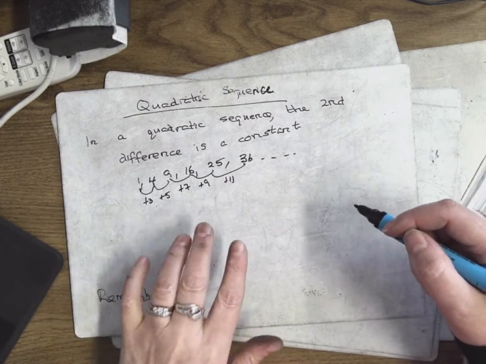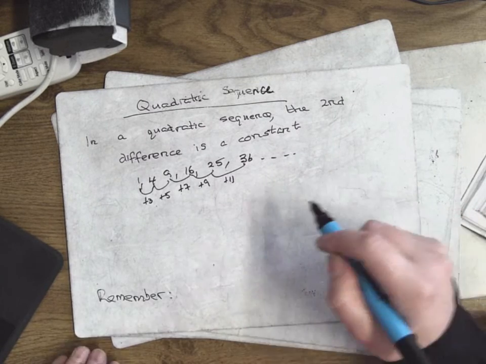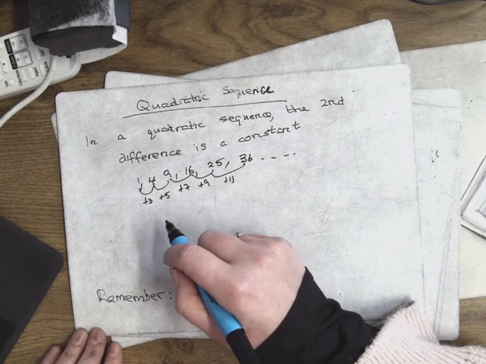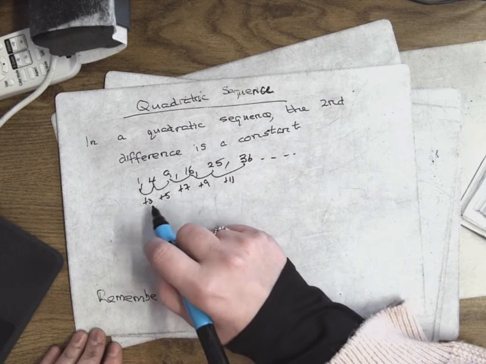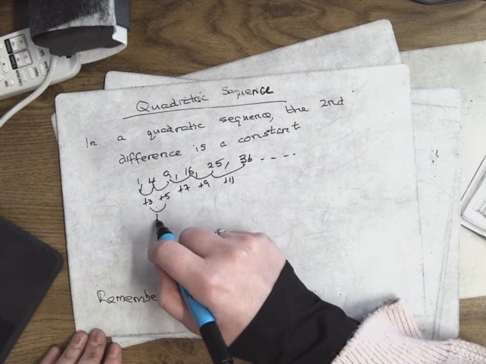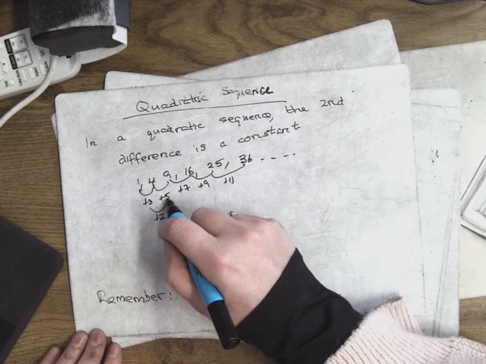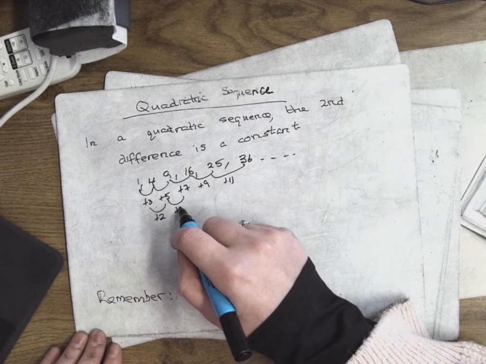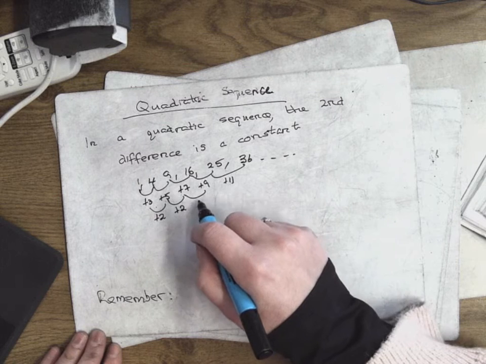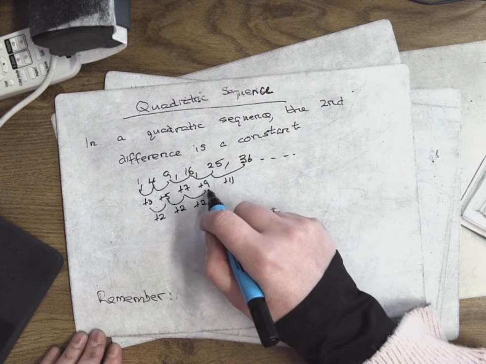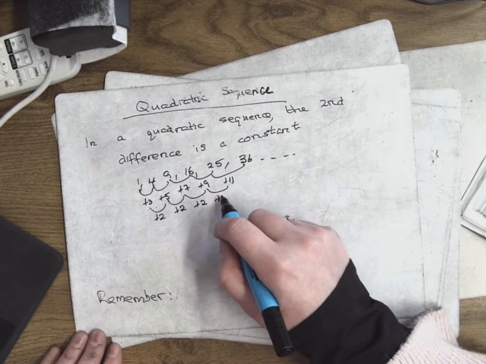So you can clearly see it's not arithmetic. You're not adding on the same number each time. But if you get the differences between the differences, so from 3 to 5 you add 2, from 5 to 7 you add 2, from 7 to 9 you add 2, and from 9 to 11 you add 2.